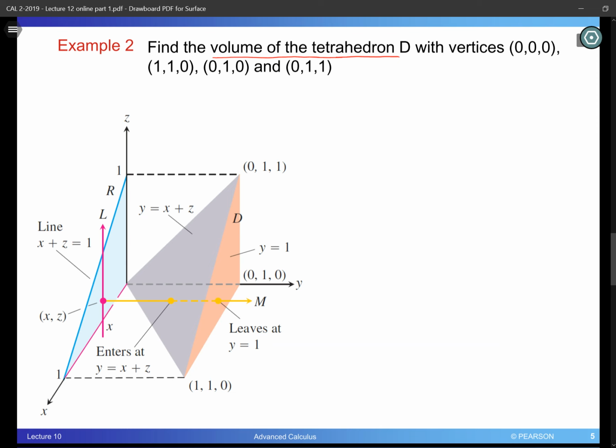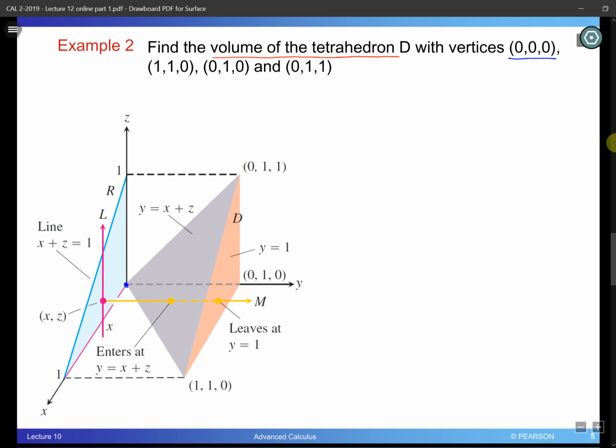So instead of giving you all the boundaries for the integration, they give you the vertices. So they give you the object in space. The first vertex is 0, 0, 0. That is the origin.